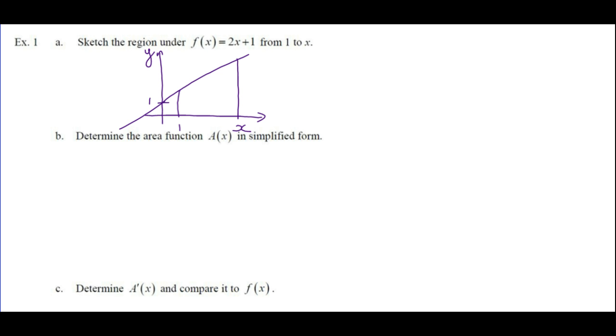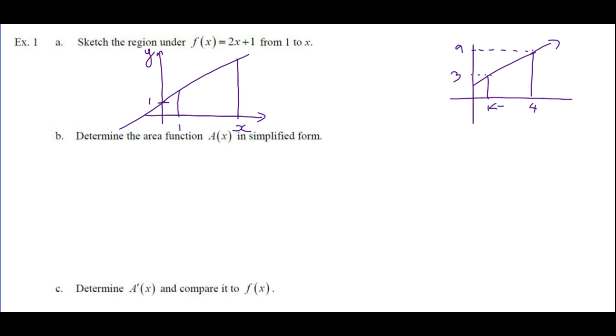Let's just, for the heck of it, do the area from 1 to 4. So what shape is that region? Trapezoid. And what is this x value? What's the y value? So when x is 1, y is 3. When x is 4, y is 9.